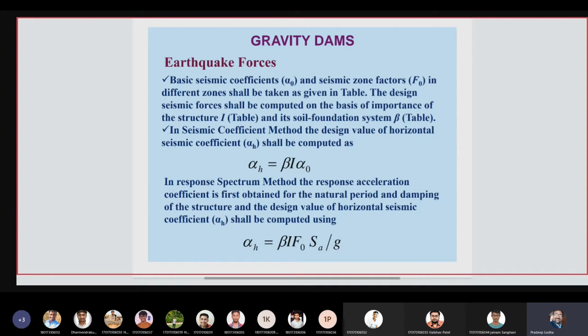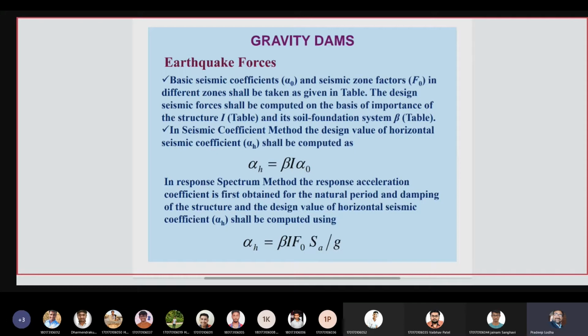This is not acceleration, and it is not force. It is a coefficient, which is going to be very important in all the calculations, whether for horizontal forces or for the amount of force getting onto the dam structure, upstream or downstream, on the top or bottom of the dam.